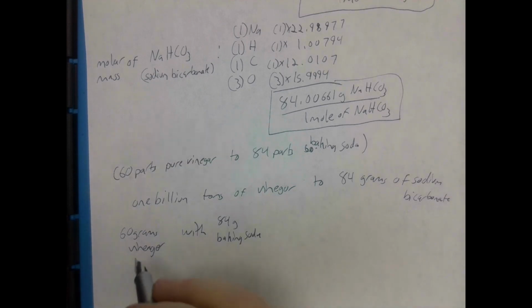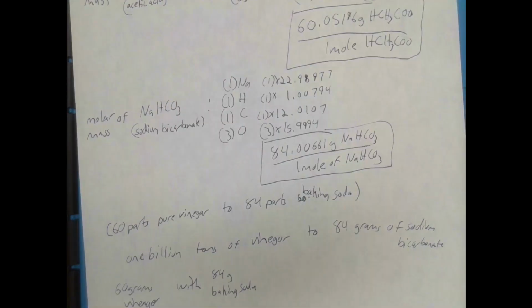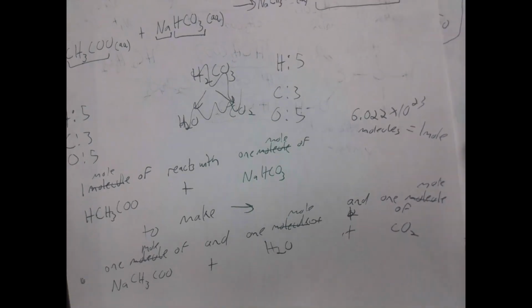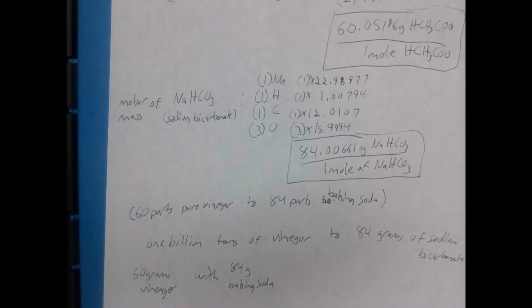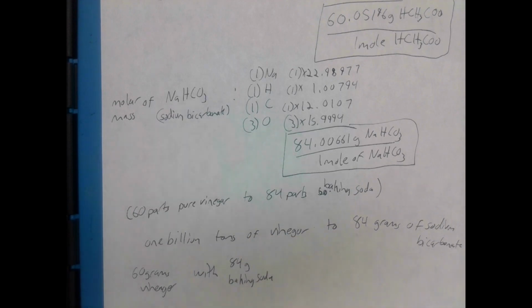That's all it would be, is leftover vinegar. The overall reaction doesn't really change. I would get the exact same amount of carbon dioxide, the exact same amount of water, and the exact same amount of sodium acetate. The only thing different is I would have a lot of vinegar in excess.